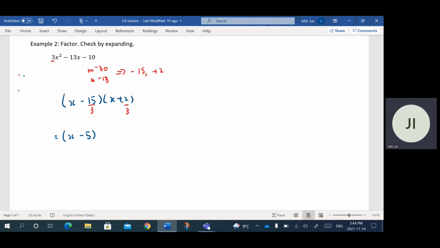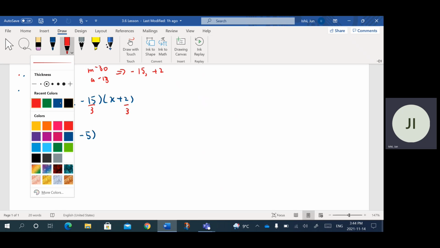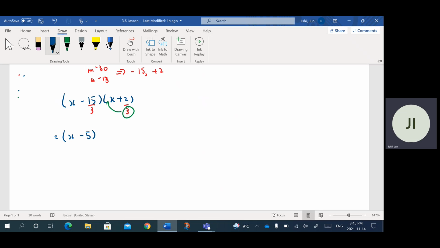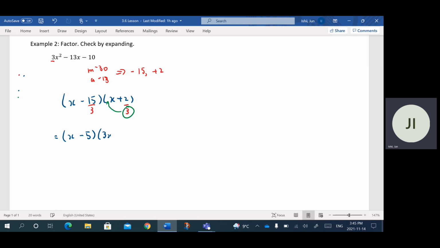And you'll notice that in the second bracket, the fraction you cannot reduce. So what I'm going to do now is take that denominator and put it up top in front. So as a result, I get 3x plus 2. All right, so this should be that polynomial factored.